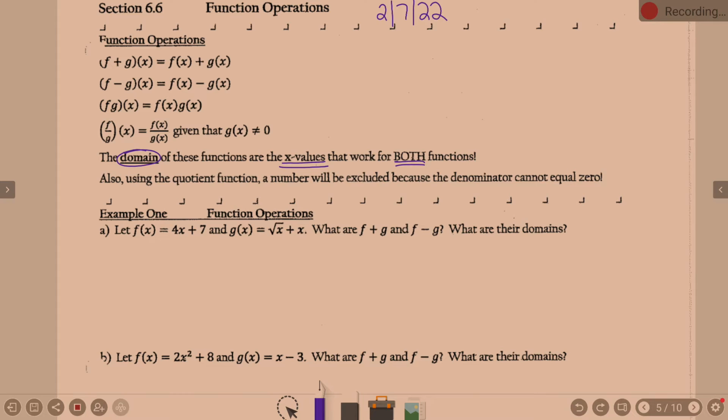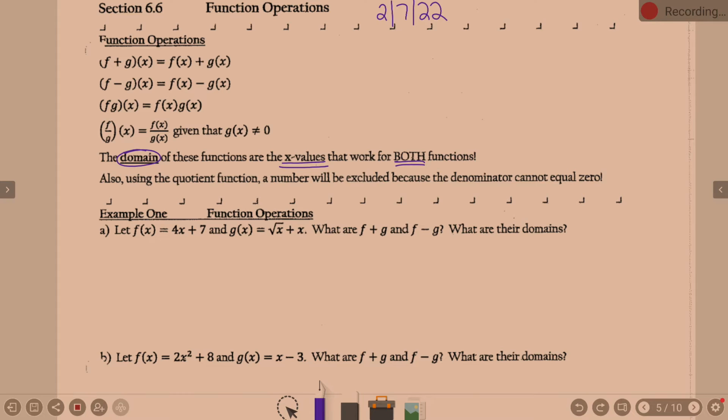Okay, let's look at example 1 here, or example 1a, I should say. f of x is defined to be 4x plus 7. g of x is defined to be square root of x plus x. And notice that I will say in this example, is that always what f is going to be and always what g is going to be? No, that's this particular example.